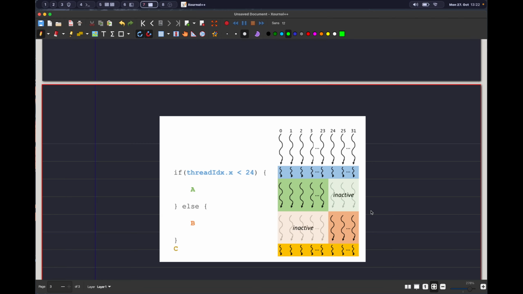Now this is an important part, something called control divergence, that you need to understand. The SIMD execution of threads works very well if all the threads within a warp follow the same execution path. They should not diverge, with one thread going down one path and another thread going down another path. That always impacts performance very poorly.